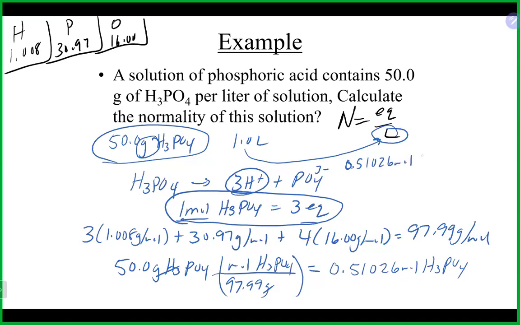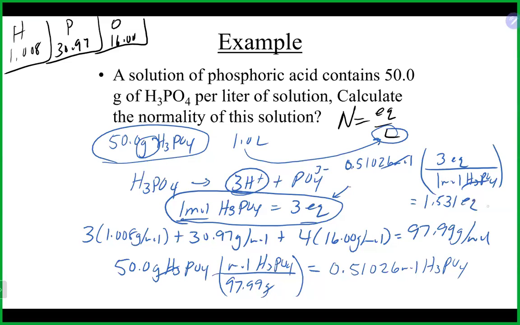From here, we can see that for every 1 mole of phosphoric acid, we get 3 equivalents. So the moles will cancel, and that will get us here times 3.